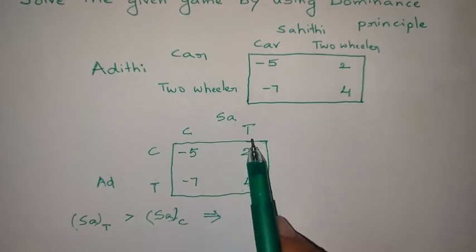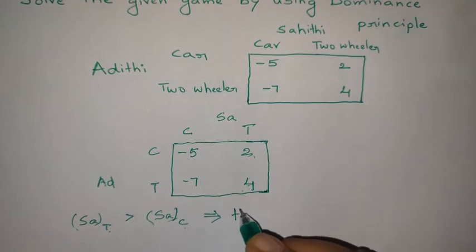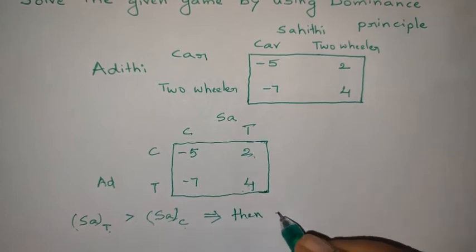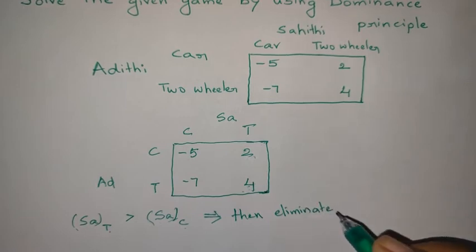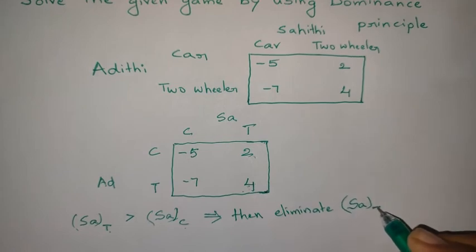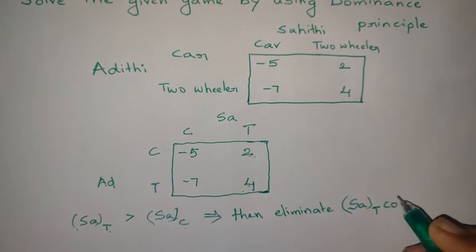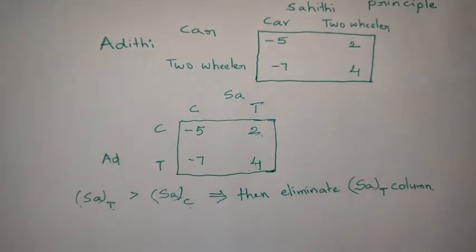So we need to eliminate this column. Sahiti's two-wheeler values are greater than Sahiti's car values, then eliminate the Sahiti two-wheeler column. Then what is the next matrix that will come?